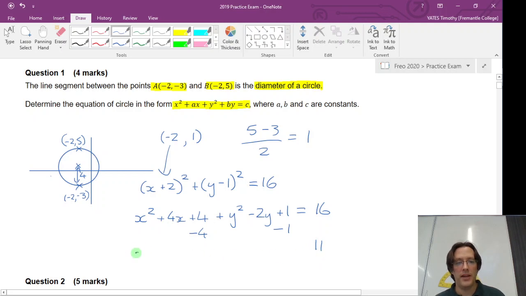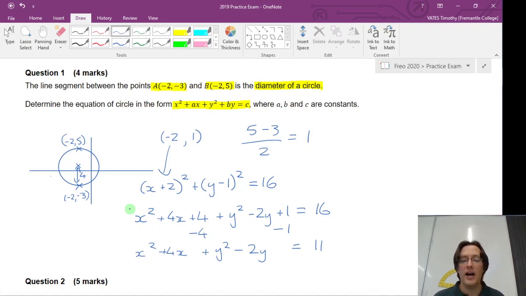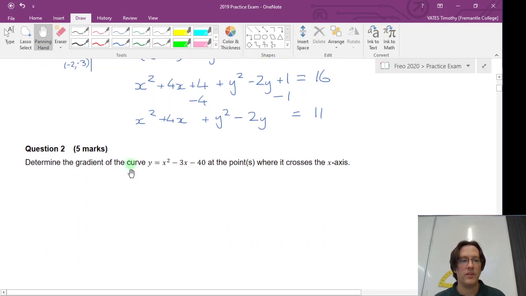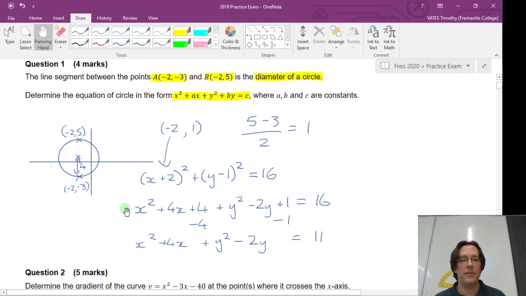We end up with x squared plus 4x plus y squared, take 2y, equals 11. And that's our answer. Now I've got the solutions just here, just to make sure I'm not making any really silly errors. And looks like I've got that right, so that's great. So that's our answer there. I'll just go back up there, just so you can see that.